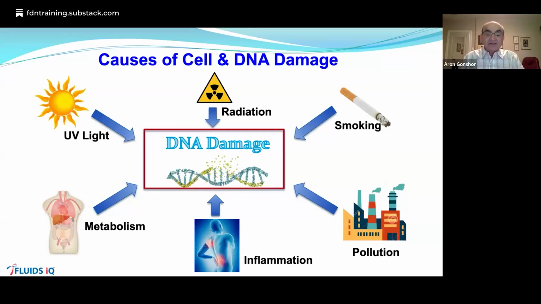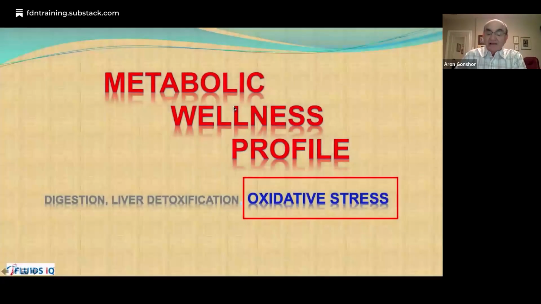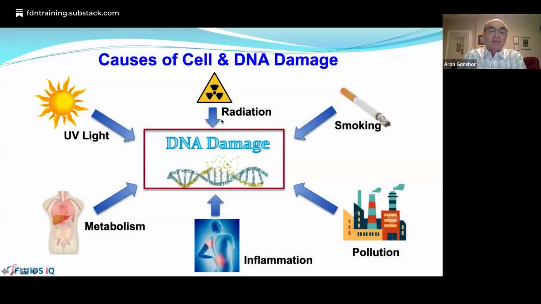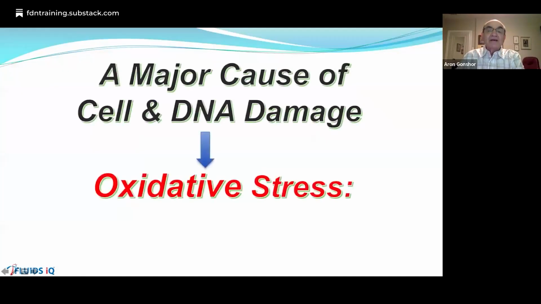Everything from metabolism, inflammatory issues, the pollution around us, the pollution we cause ourselves in our body by smoking, radiation in its various forms, which can cause that problem, ultraviolet light, etc. And so a major cause of cell and DNA damage is oxidative stress.